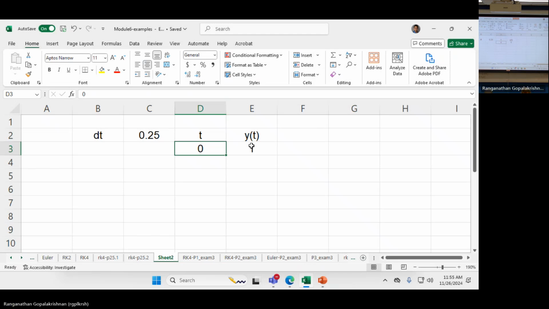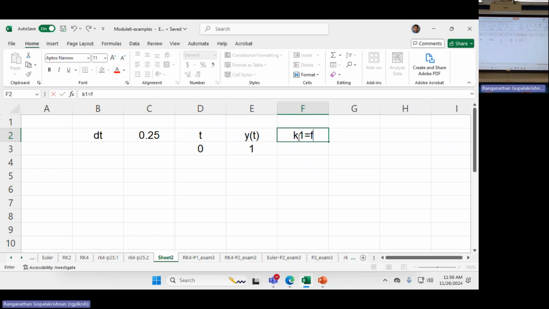Okay. What did I tell you as the next step? You have to compute K1, K2, K3, K4. So K1 is the function evaluated at t and y. What is the function?